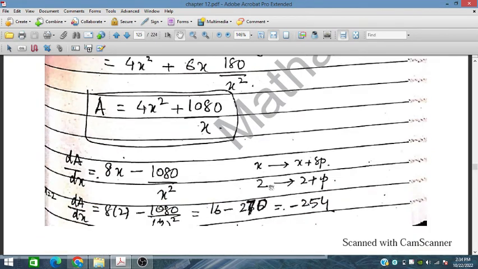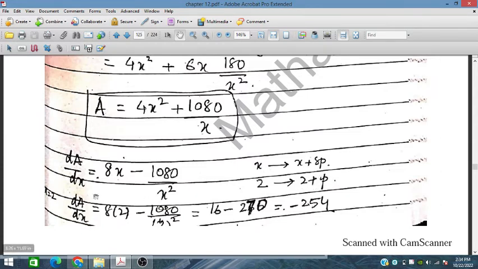We have taken this x for this. We have to find the incremental change in area with the increase in x. As x is increasing from x to x plus delta x, this x is basically 2, and it is increasing from 2 to 2 plus p.